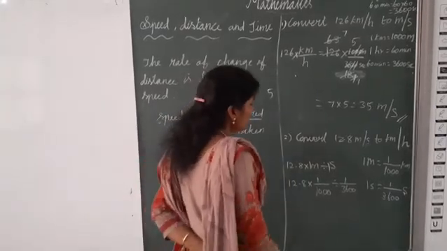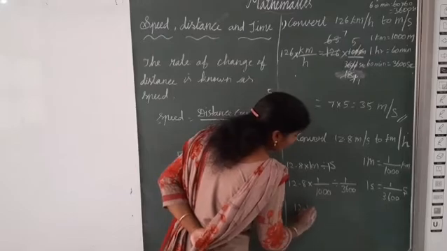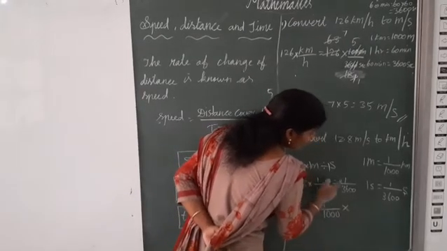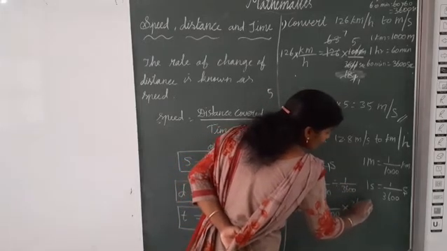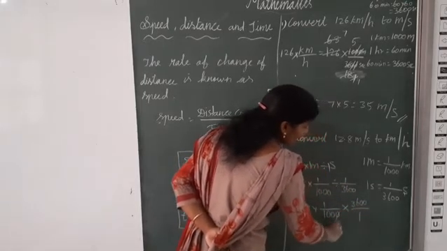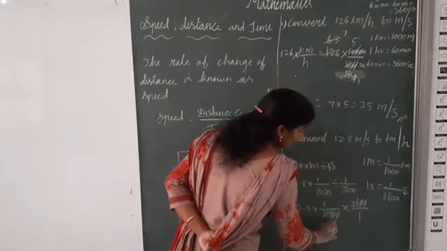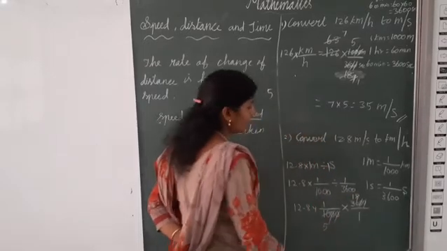Okay. Now listen. Here this is division, 12.8 into 1 by 1000. We can change that to multiplication. We can write the reciprocal, 3600 by 1. Now we can cancel it, 0, 0, 0, 0 cancel. 5 2s are 10. 1 2 is 2. 8 2s are 16. Isn't it?